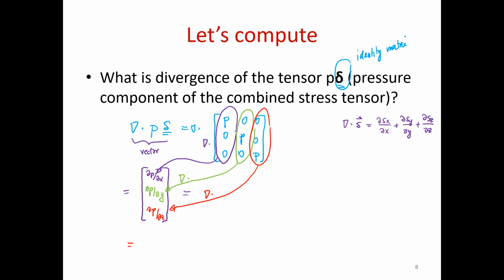Divergence of a tensor will be a vector. So this maps a tensor to a vector, just like divergence of a vector is a scalar. This is a number, this is a scalar. This is a vector. So divergence of a vector is a scalar.